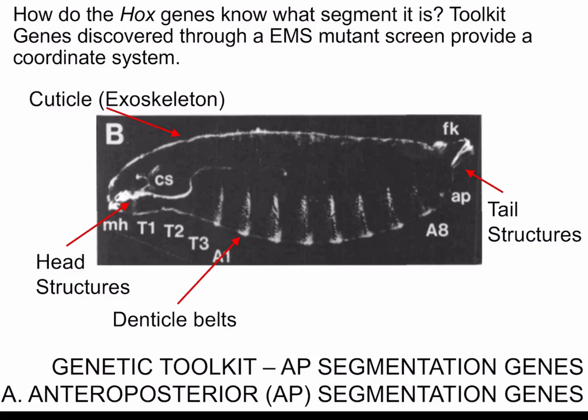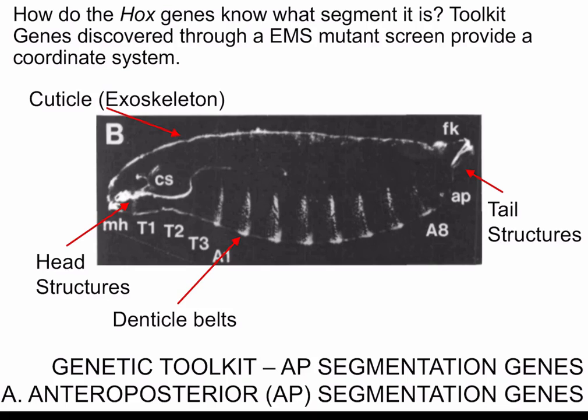So an EMS mutant screen allows you to generate mutants, and the way you do it is that you feed fruit flies this chemical called ethyl methanesulfonate. EMS is a mutagen and causes mutations, and then you mate those flies and their progeny have mutated genes.